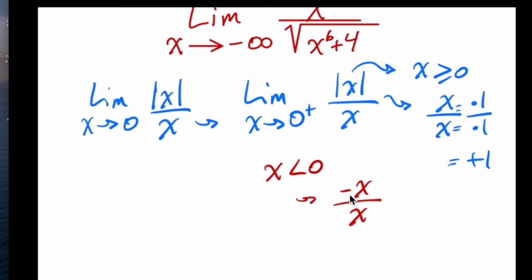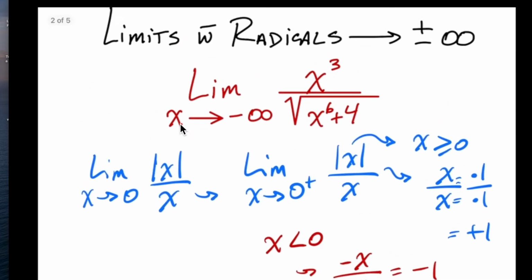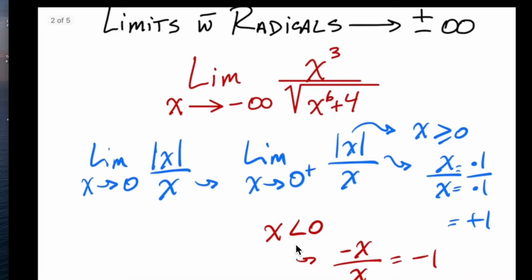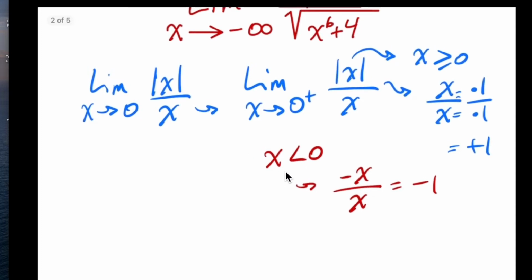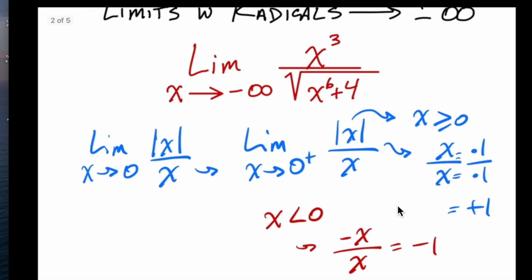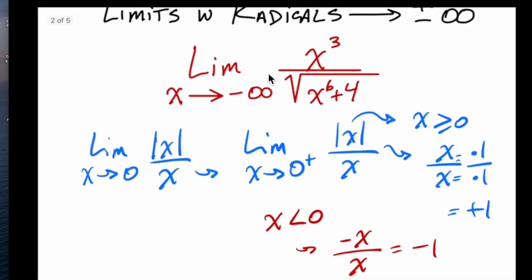That negative sign is the opposite. So here, when you're plugging in x values less than 0, you're going to use this limit and you're going to get negative 1. We're going to use this same concept up here with this radical. When you are using x inputs that are going towards negative infinity, that's this part of the piecewise function. So that means we will often, not always, be inserting a negative in front of this limit.